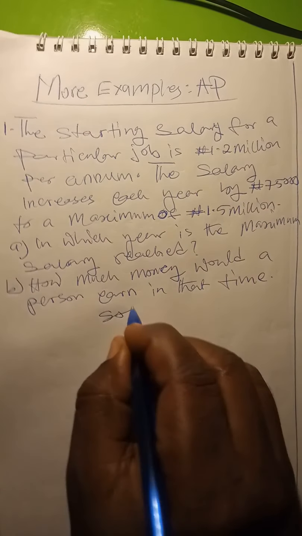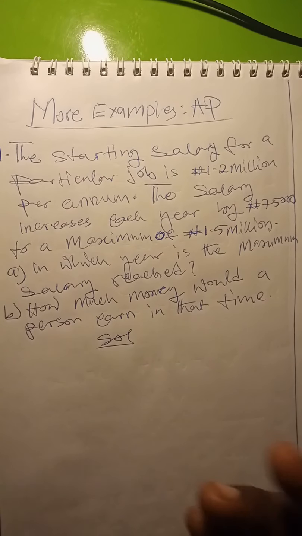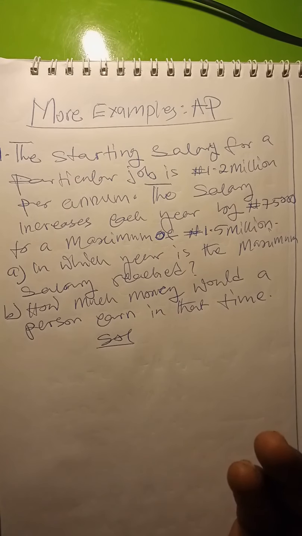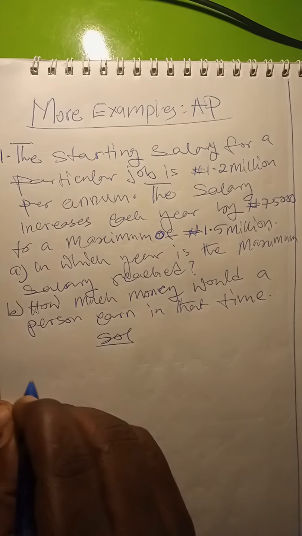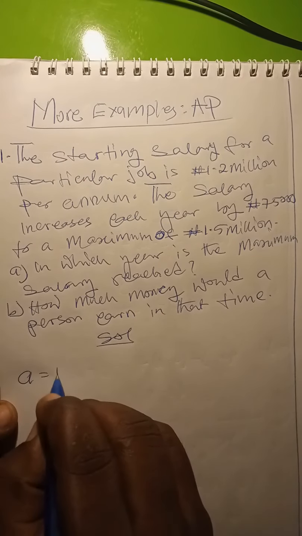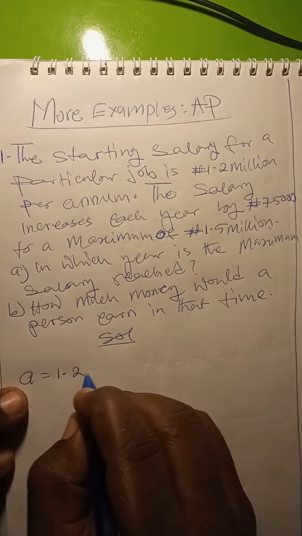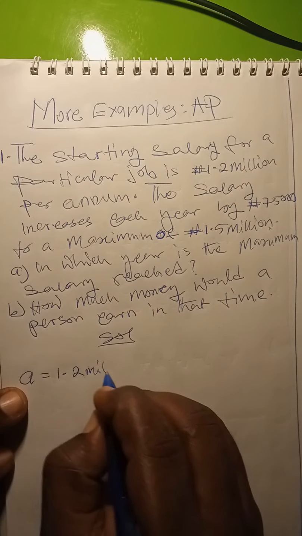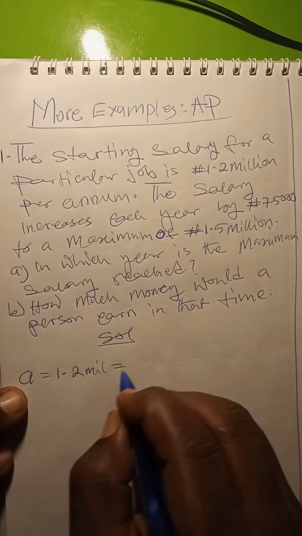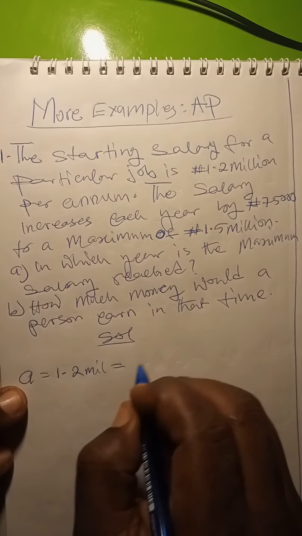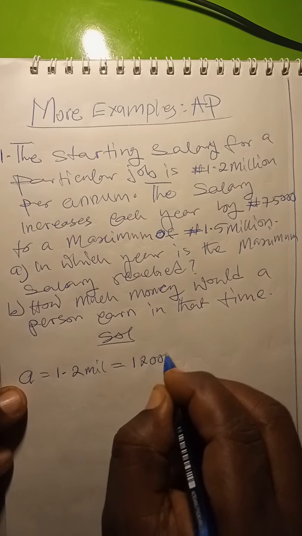Solution, quickly. The starting salary for a particular job is 1.2 million. I set this as my A, the first term. So A is equal to 1.2 million naira, which I can change to numbers: 1,200,000.